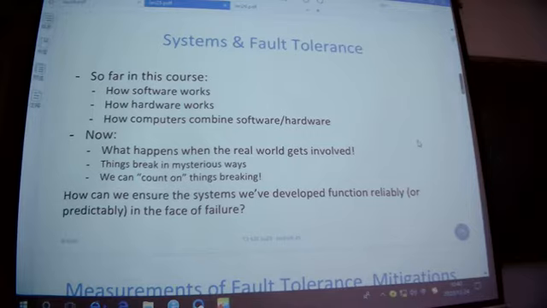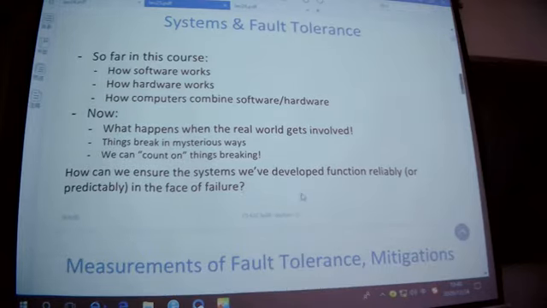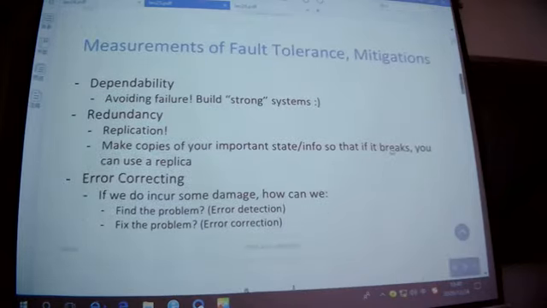How can we ensure the systems we have developed function reliably in the face of failure? So we can see this is the management solution of fault tolerance and mitigation. Dependability is the solution, with measurement, redundancy, and error correcting. In dependability, we can avoid failure and build a strong system. Redundancy is replication.